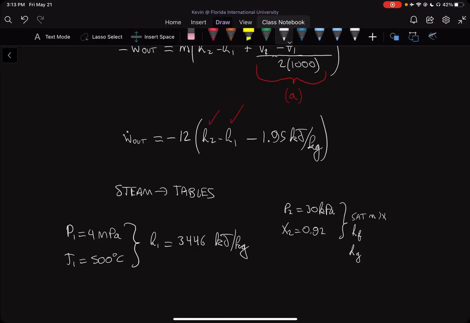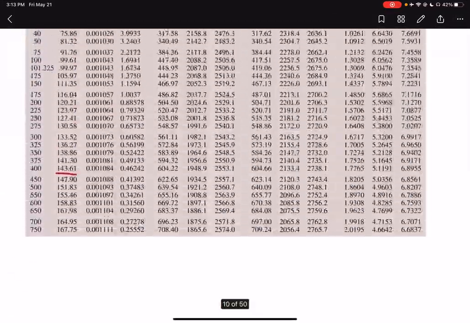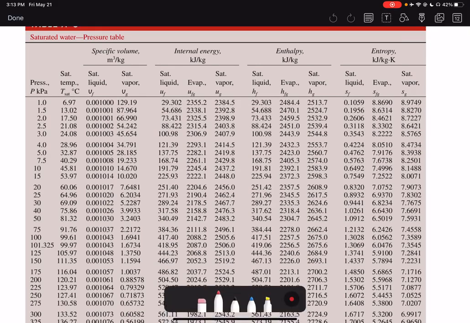If we go to table A5 at 30 kilopascals, we have an hf equal to 289.27 and an hg equal to 2,624.6.